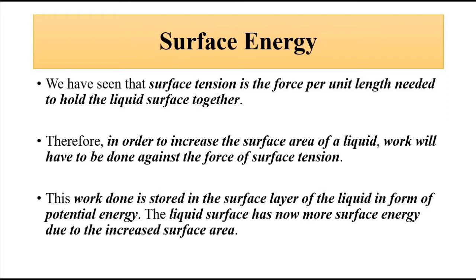Surface tension tries to pull the top surface of the liquid downward, like this. It tries to pull it downwards, and this is surface tension. Surface energy tries to push it upwards, like this.